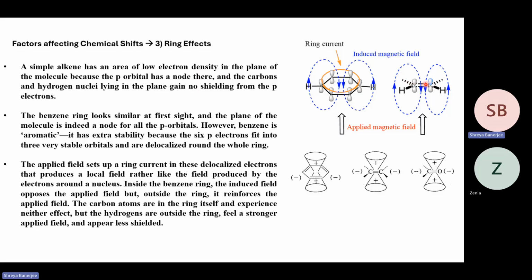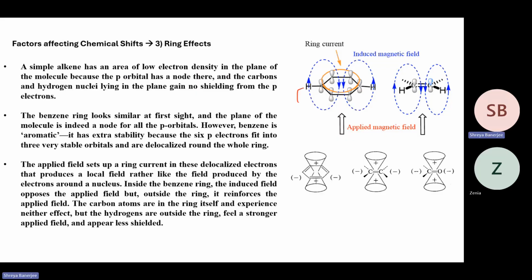Similarly, for the double bonded alkene, applied magnetic field is upwards, induced magnetic field is downwards. It is downwards here, but when you complete the entire magnetic ring, you can see that the hydrogen that is attached to the aromatic ring or to the double bonded carbon is experiencing the induced magnetic field in the upward direction.